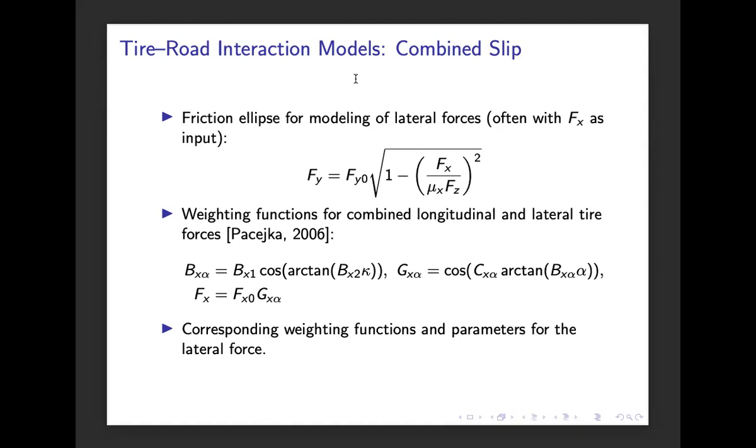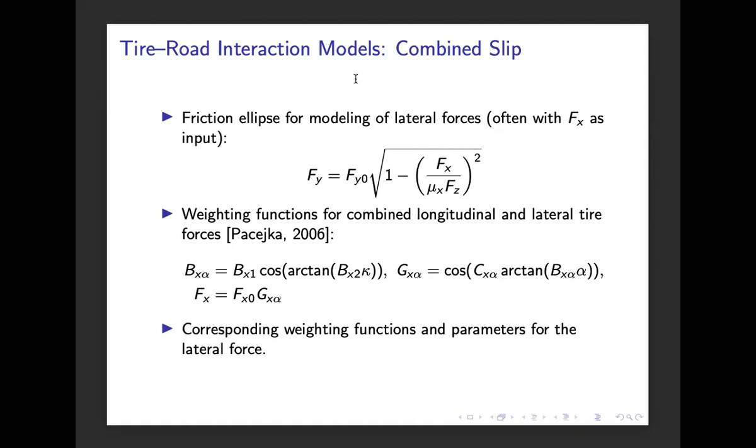But there are also more elaborate models, and in the spirit of Pacejka's magic formula, he has also proposed to use weighting functions to describe this situation when we have both longitudinal and lateral force. So he proposed to use this relation here with the longitudinal force that we get from the magic formula.